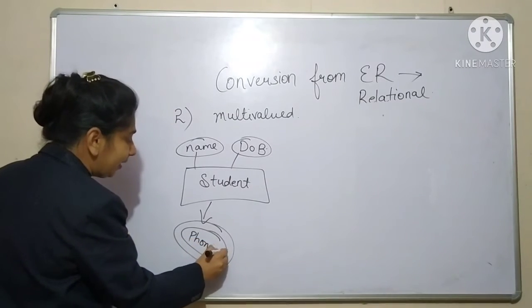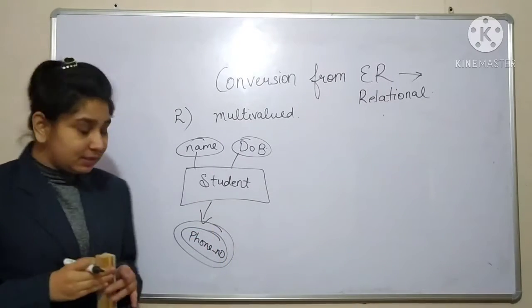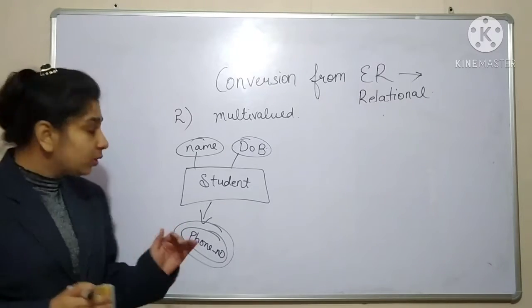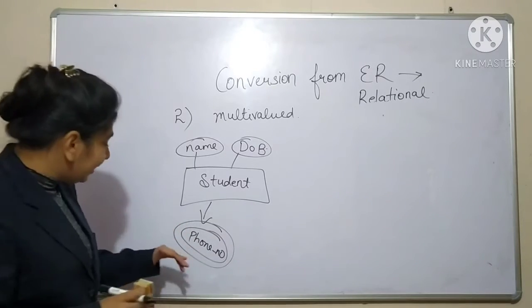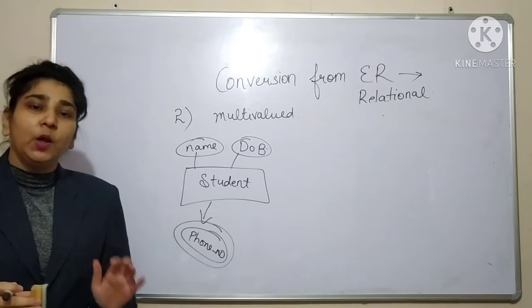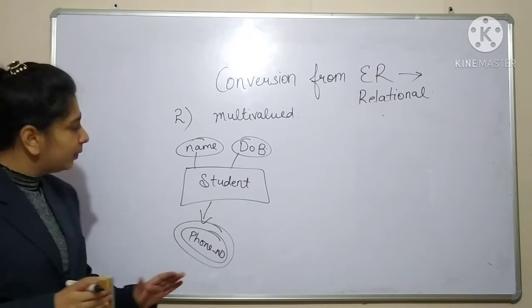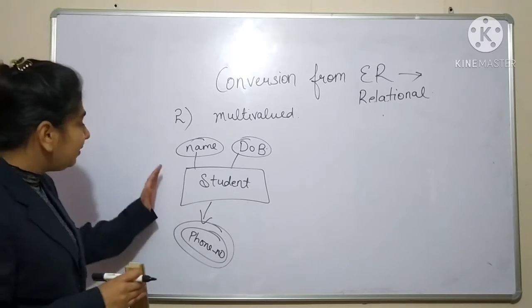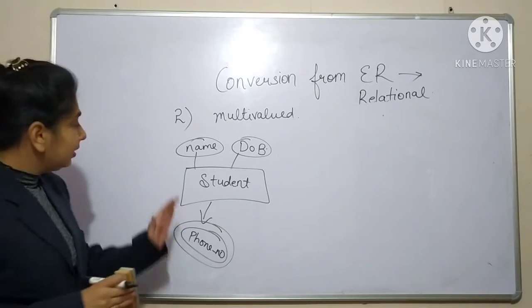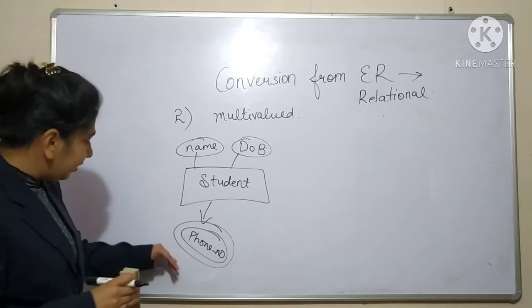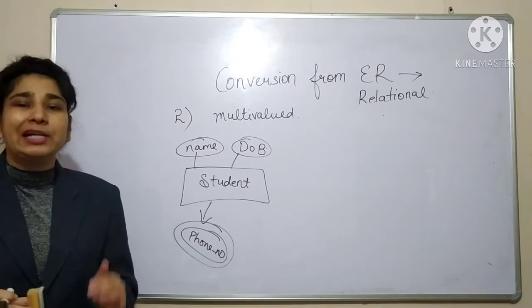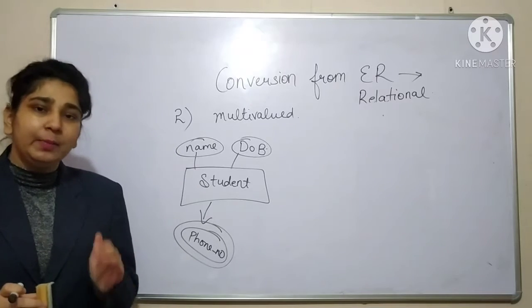This phone number is actually your multi-valued attribute, so one student can have more than one phone number. Let's determine how we make the table of an entity if we have one multi-valued attribute.